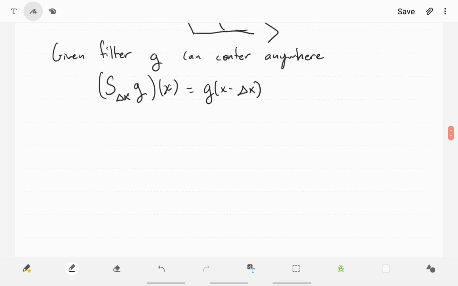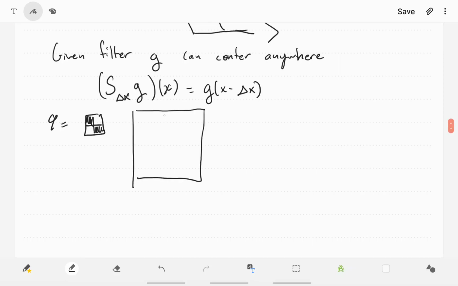So for example, suppose that we had a filter which was a smaller image, which looked like the following, and then we applied it to an image which was larger, which looked like the following. Maybe this is a 20 by 20 image, and maybe this filter is 2 by 2.